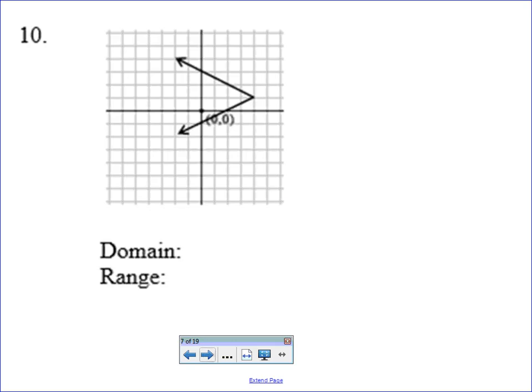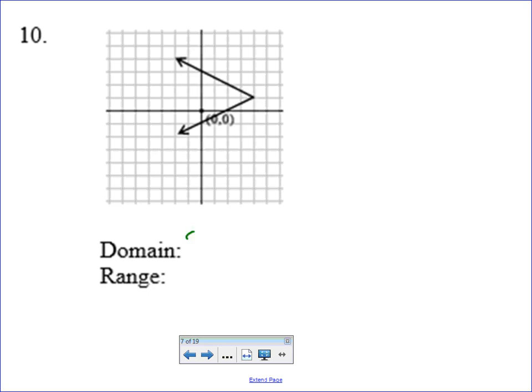Now, for this one, these are not discrete points. This is continuous. And so there are an infinite number of points between here and wherever we're going. So we can't list them all. So instead, we're going to have to list this in one of two ways.